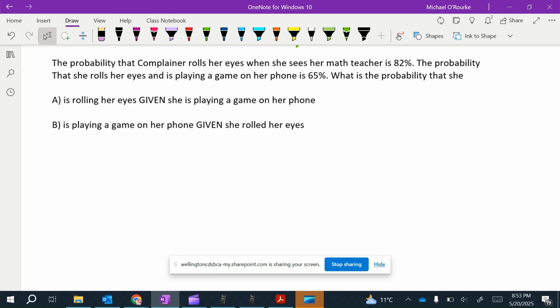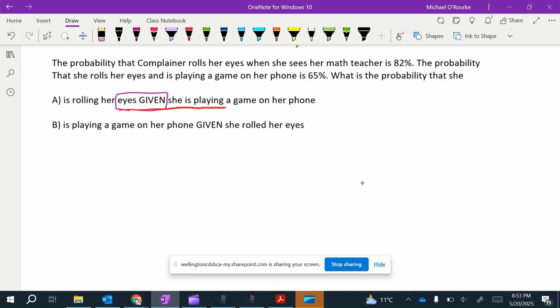So, the probability that the complainer rolls her eyes when she sees the math teacher is 82%. The probability she rolls her eyes and is playing a game on her phone is 65%. What is the probability that she's rolling her eyes given she's playing a game on her phone?